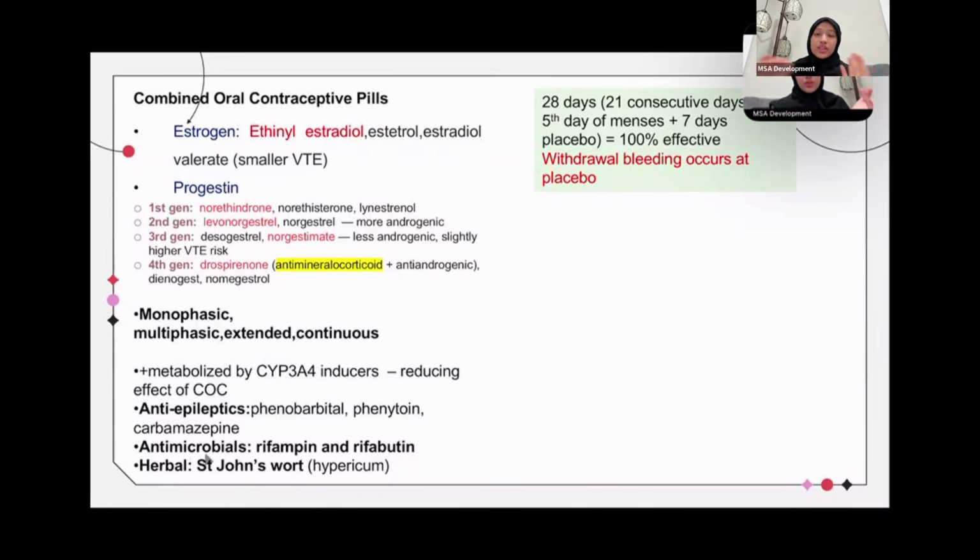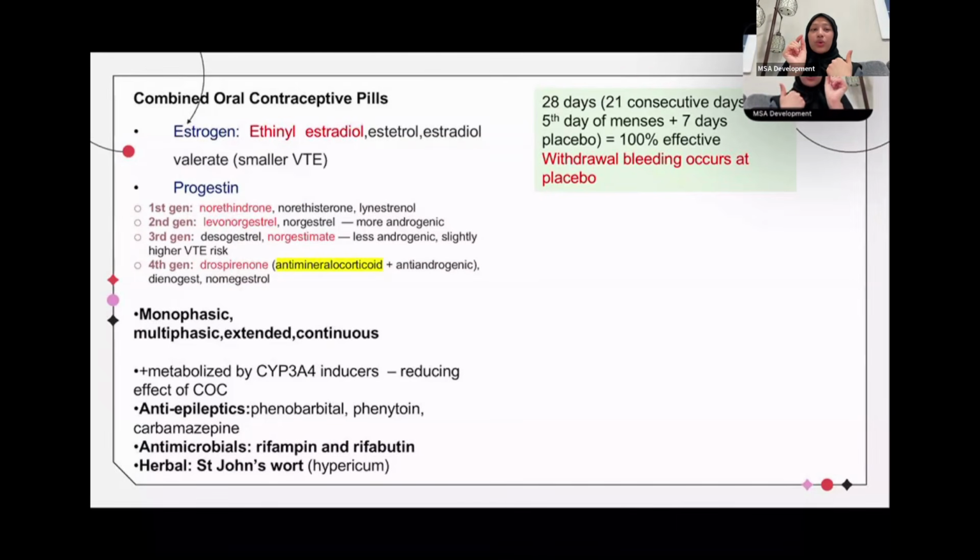Someone has tuberculosis and is being treated with rifampin, or someone is taking herbal over-the-counter St. John's wort for, let's say, blood pressure or something. All of these affect the inducer, the liver enzyme. So it increases the activity of that liver enzyme that is supposed to break down estrogen.